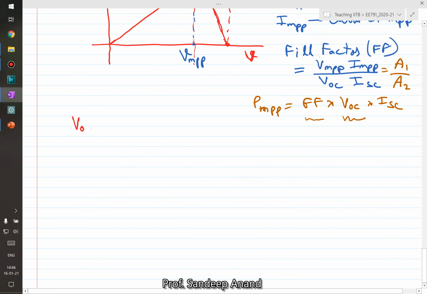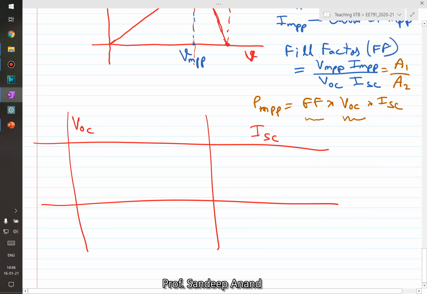So let's think about VOC and ISC, and let us see what their effect is due to solar radiation and due to temperature. First, with solar radiation, the open circuit voltage changes, yes, but the effect is negligible.